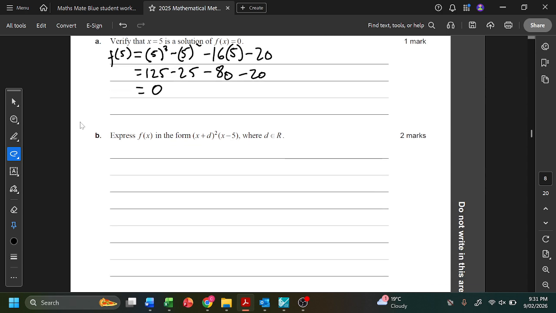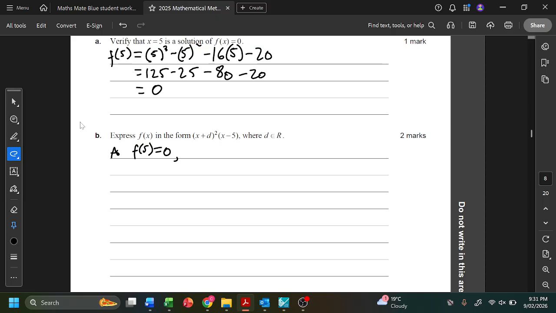All right, so next up, we need to express f of x in this particular form here. So in order to answer this question, we're going to need to use some polynomial long division. What we know so far, based on part A, is that f with an input of 5 is equal to 0.